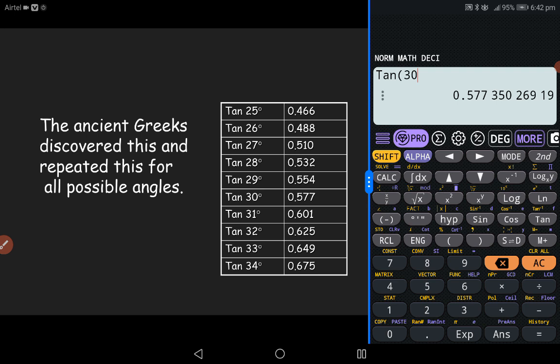So in the past, before calculators were obtained, the Greeks had a way of finding tangent. All they were doing was to measure the angles, measure the sides, the opposite side, the adjacent side, and then calculate. They could find this particular trend.